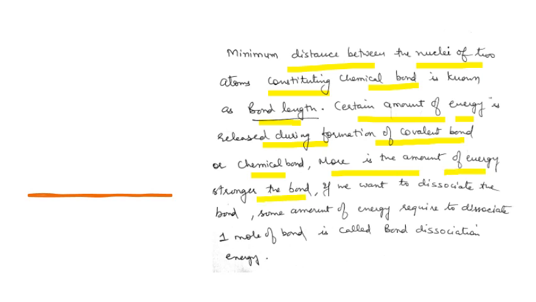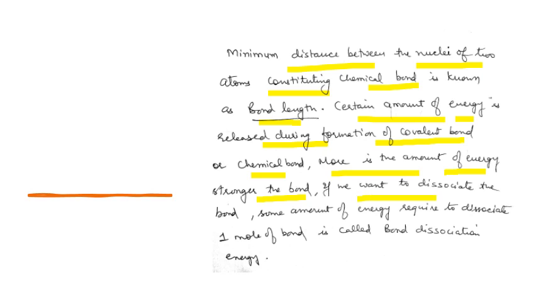We can understand the bond strength, meaning how strong your bond is, depends on the energy release. Greater the energy released during the bond formation, stronger will be the bond. And we can say the reverse also.